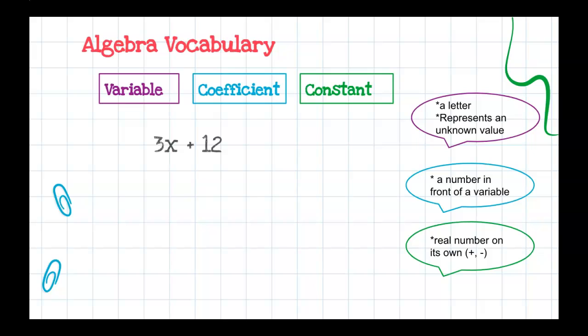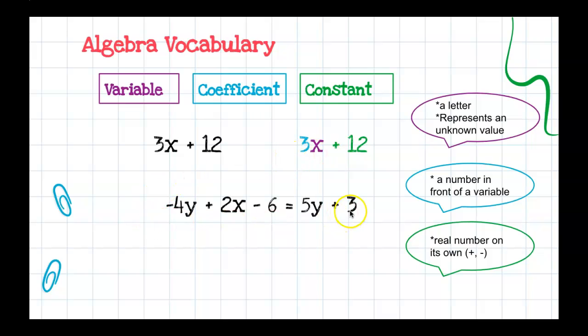Okay, so here we go. Our expression, 3x plus 12, and I'm going to identify by color coding it. So 3 is blue, so that's a coefficient, a number in front of the variable. The x is the variable, and plus 12 is a constant. Okay, here's another one.